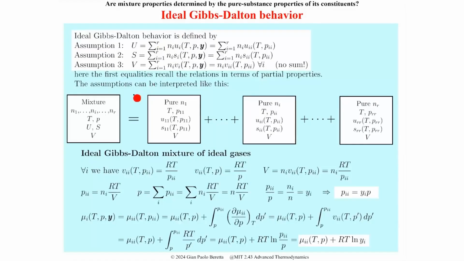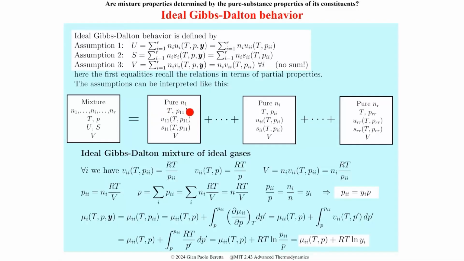Essentially, it says that I can see the mixture, or at least I can model the properties of the mixture, as the properties of a composite system in which I have the pure components living each one in the same volume of the mixture, so boxes of the same size, at the same temperature, and at the partial pressure. Okay?